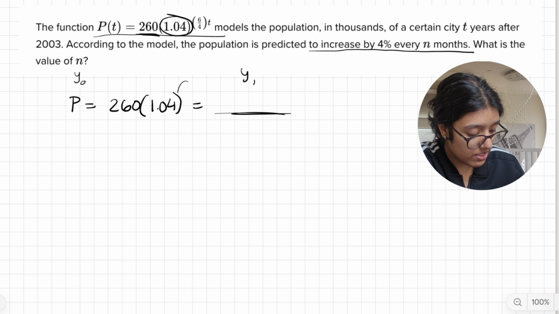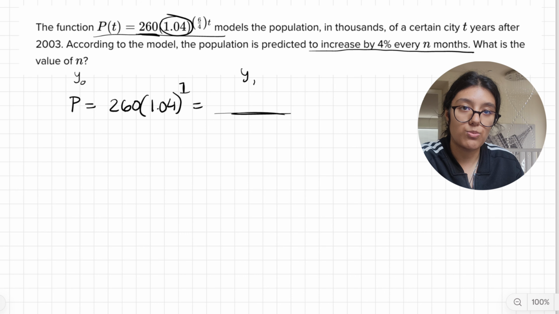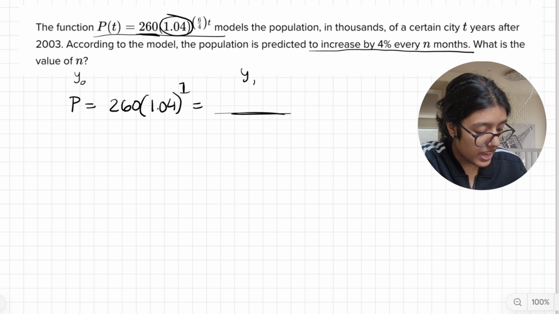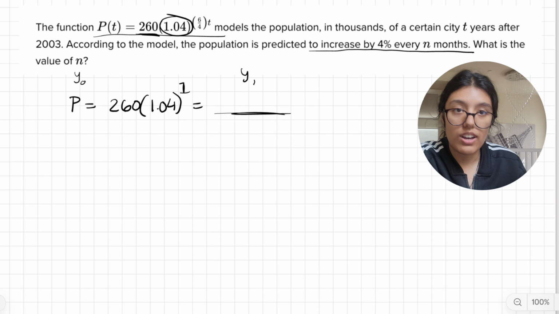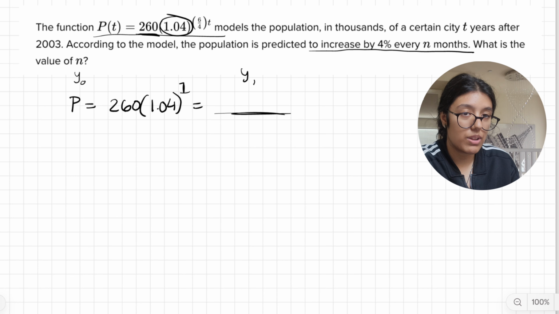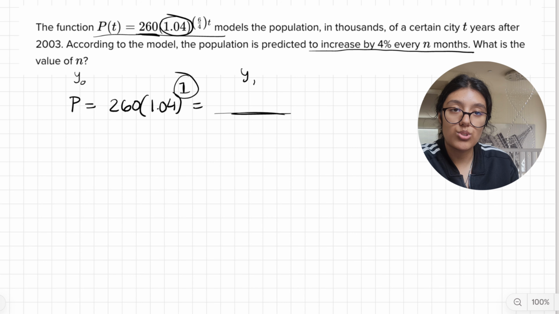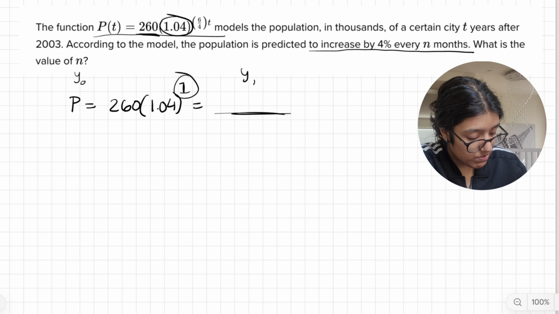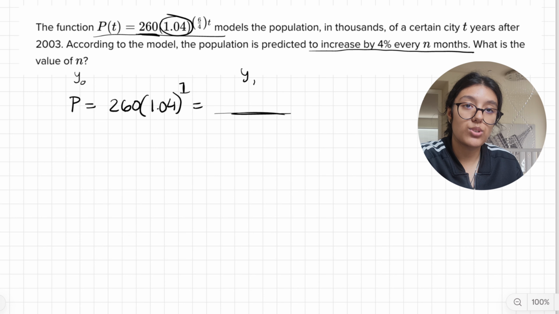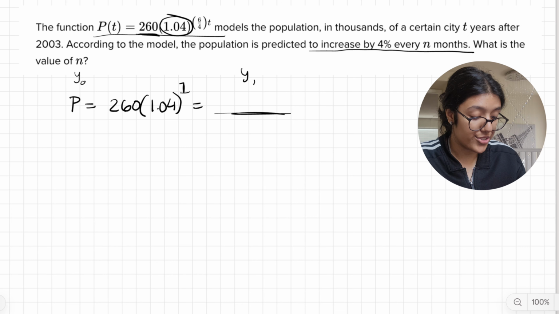Notice that there is no exponent. There is an exponent, but that is just 1. So that means after n months, the population increases for the first time, and the exponent should be equal to 1. Since the exponent should be equal to 1, only then will the population increase by 1.04 for the first time.